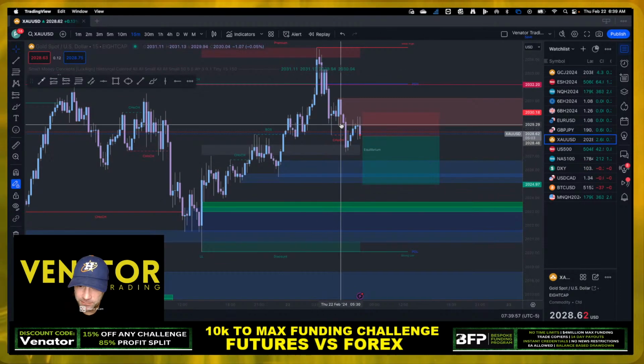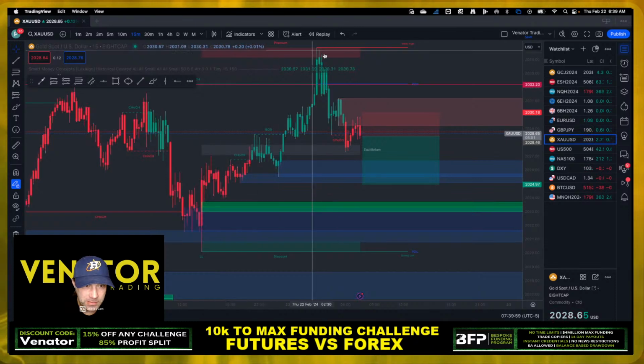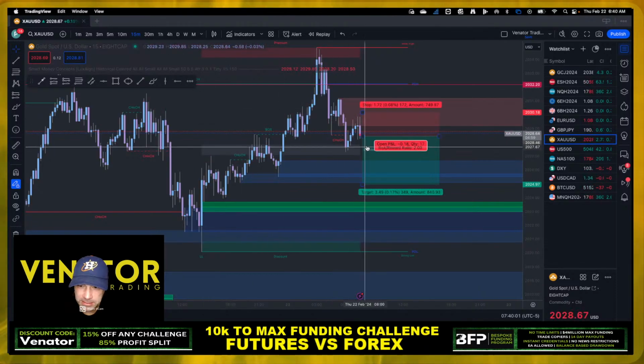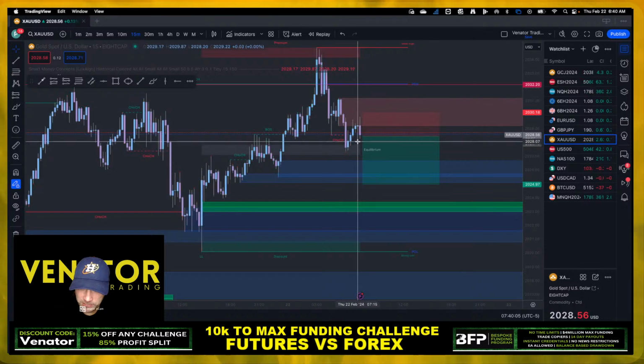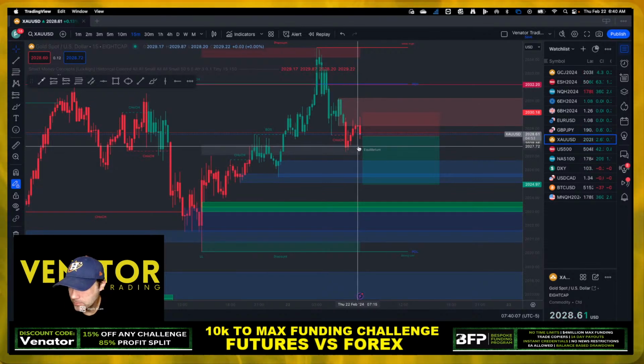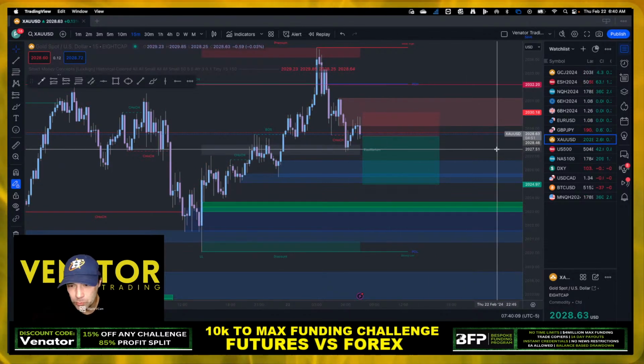Again, let's see how this 15-minute candle wants to close here. The last one almost was a bearish engulf and got a rejection up off of that. Let's see how this wants to roll here. Sorry, getting a couple messages coming in.